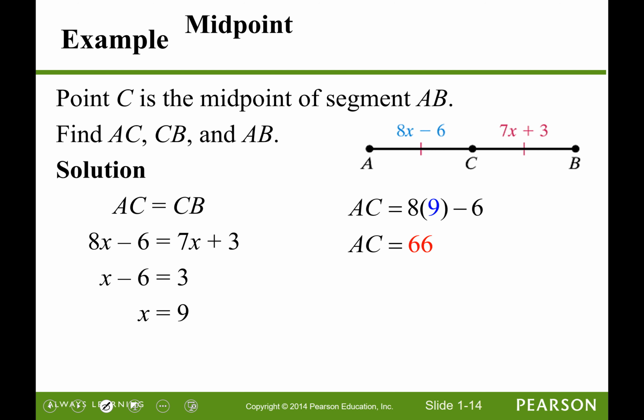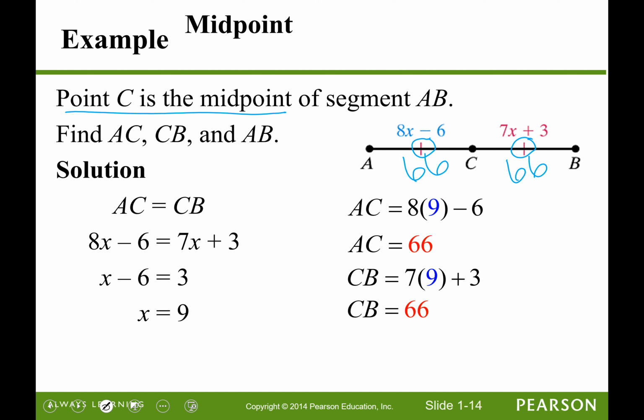All right, substituting the 9 back in tells us that AC is 66 linear units here. Substituting the 9 back in tells us that CB is also 66 linear units, which it should be. If you got something different, you'll have a red flag here knowing you made a mistake, because the segments need to be the same measure based off of this geometric code and the definition of C as a midpoint.